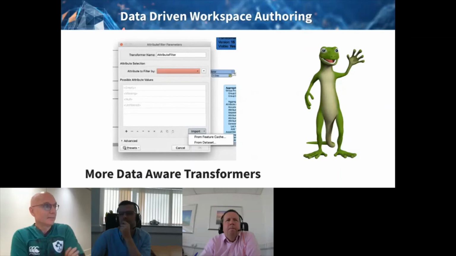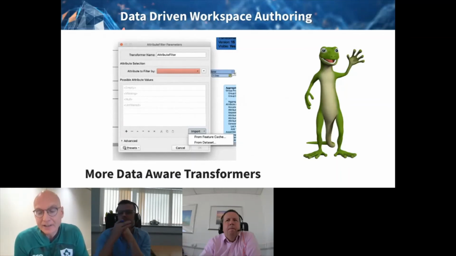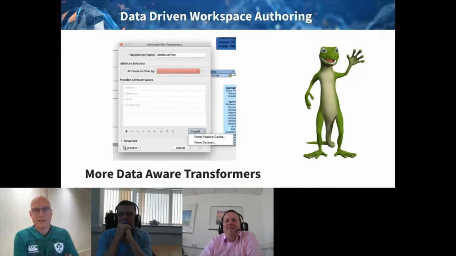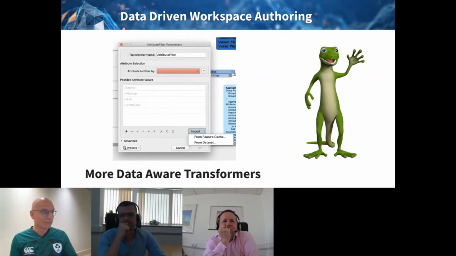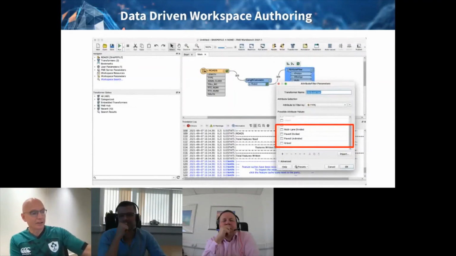The next thing is using the data in a cache. So again, data-driven authoring to help you with the authoring. In this one, I have the attribute filter. As everybody should know, I'm a huge XML fan, and with XML, sometimes the attribute filter can be a real bear because you've got to copy and paste the values or type them in, but not anymore. With the attribute filter in FME 2022, I can say import from feature cache, and it'll automatically show me the different values that are there and populate it for me.